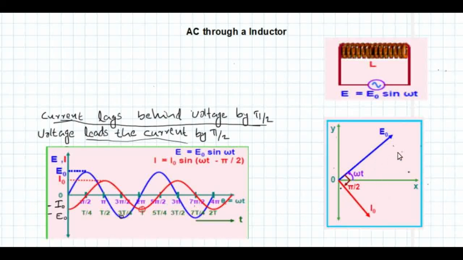Both are rotating in the anti-clockwise direction, but who is leading? EMF is leading, and I0 is following EMF, but always with the phase difference of pi by 2 between E0 and I0.